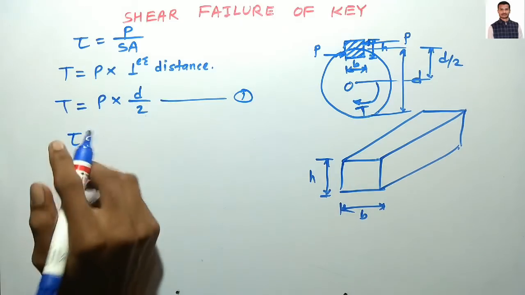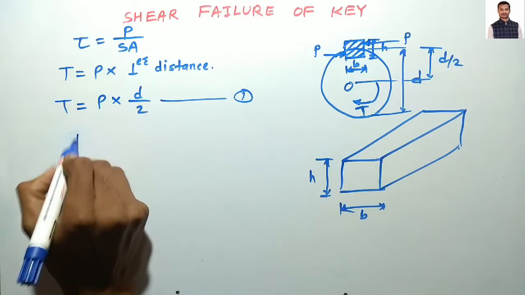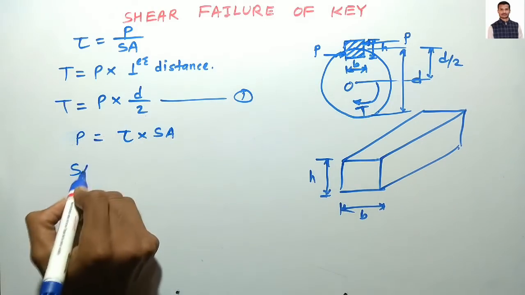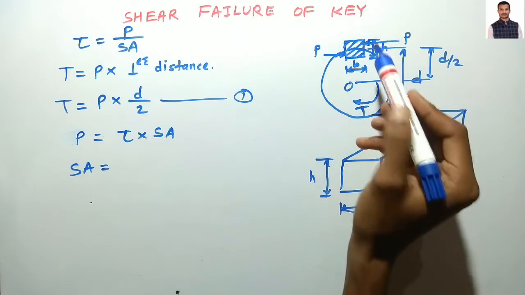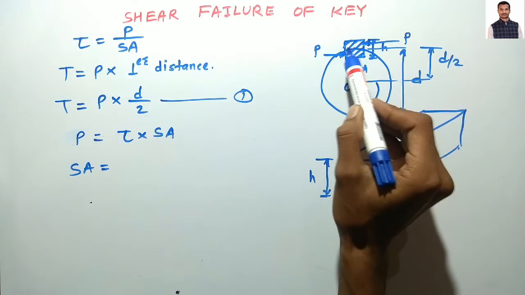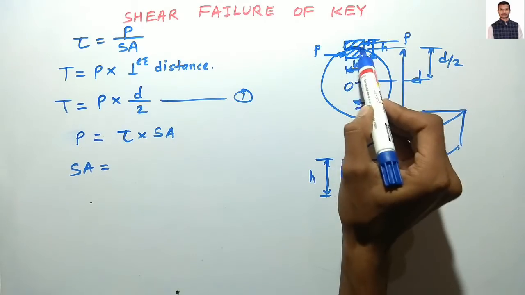So tau is equal to P by shear area, so P is equal to tau into shear area. Now what is shear area? Due to the torque, key fails at this section.